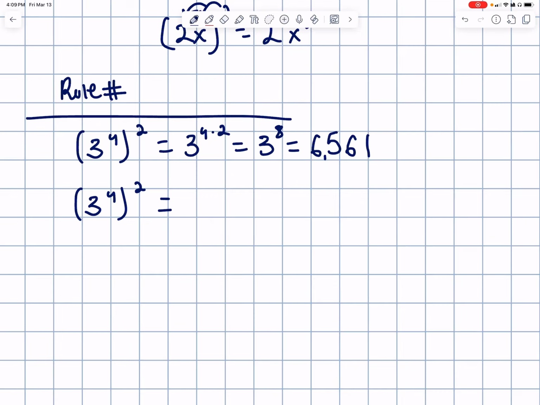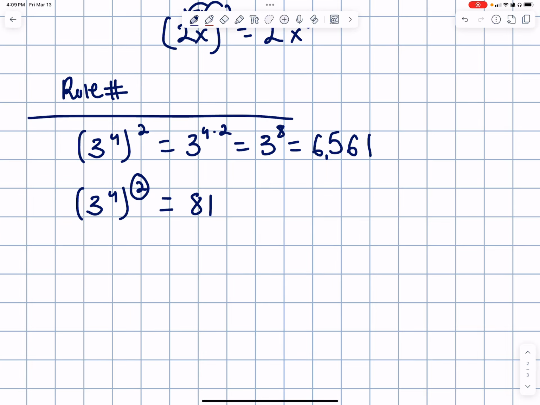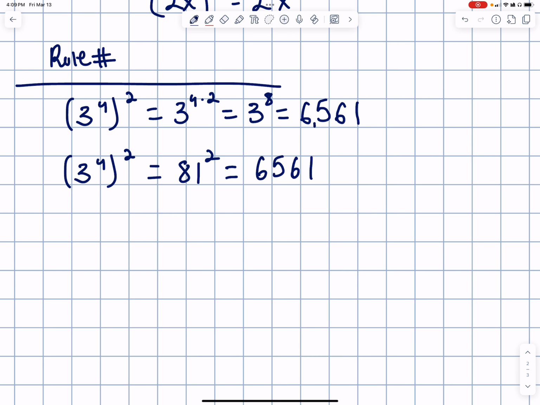What's 3 times 3 times 3 times 3? It's 81. But because we still have this to the 2nd power, we have to carry that over. So then, what's 81 to the 2nd power? 81 times 81, 6,561. That's two ways you can do it.